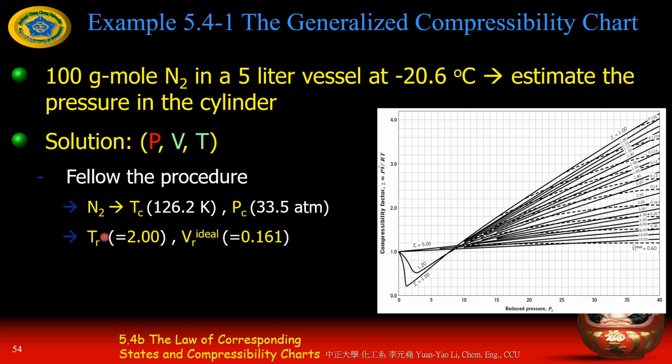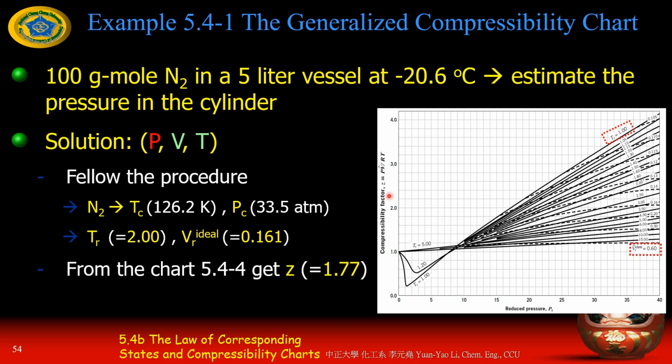Please work by yourself. TR will be 2.00. VR ideal will be 0.161. So you know the TR here, you go to 2, and the VR ideal is 0.16. Dash line 0.16. So you can get Z.